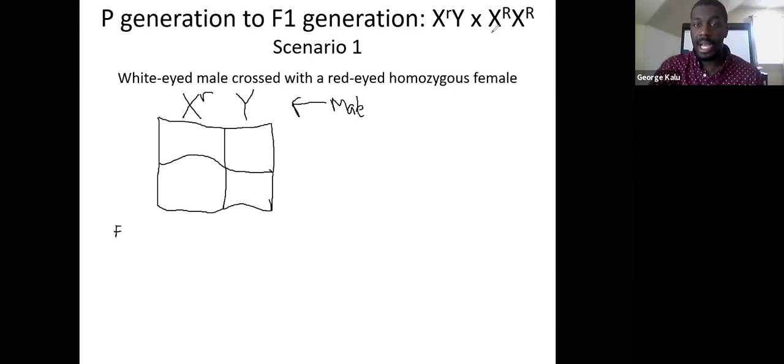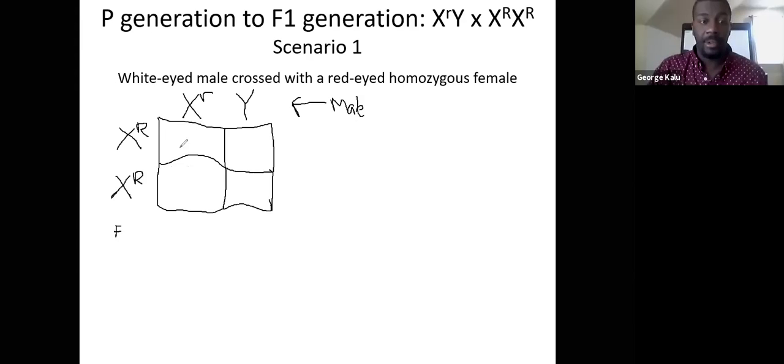And then when we look at the female, we have X big R, so we're going to put X big R along this box, and then in the other box X big R as well. Then we do our Punnett square just like what we normally would have.